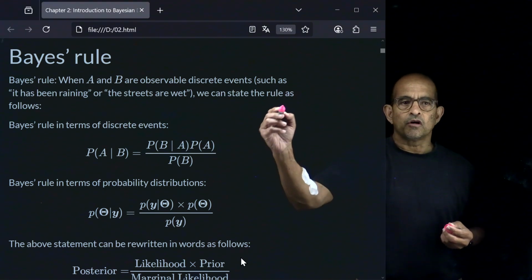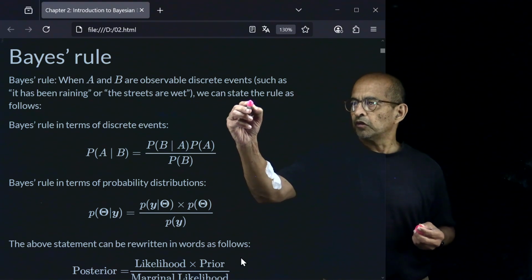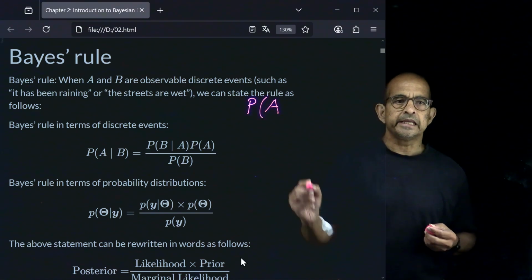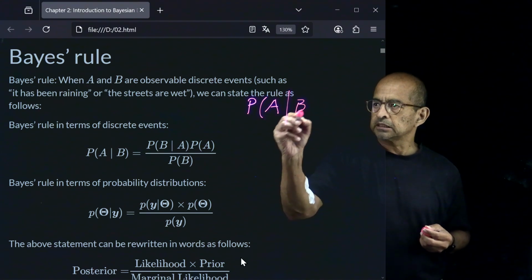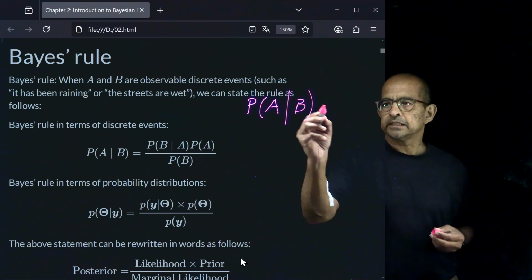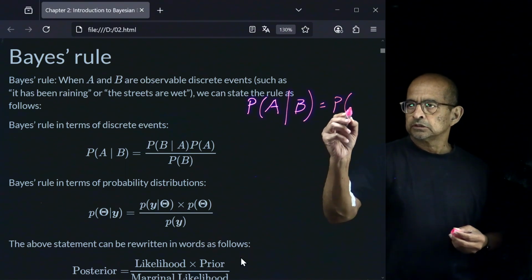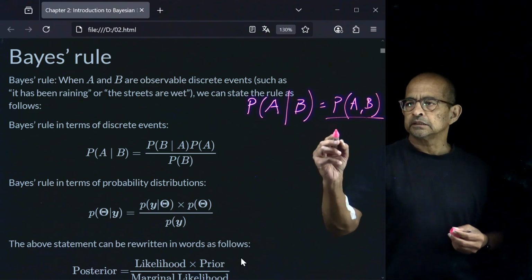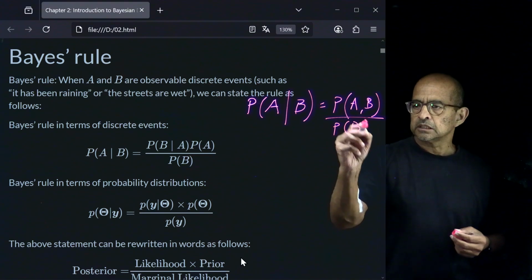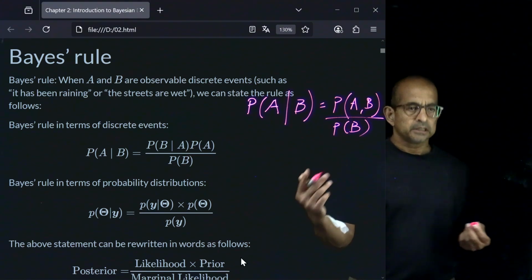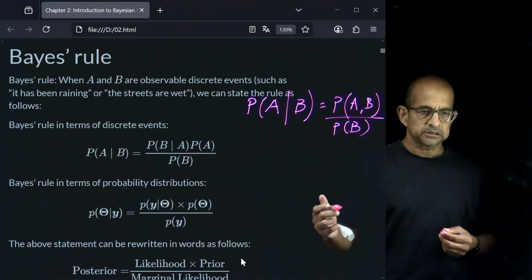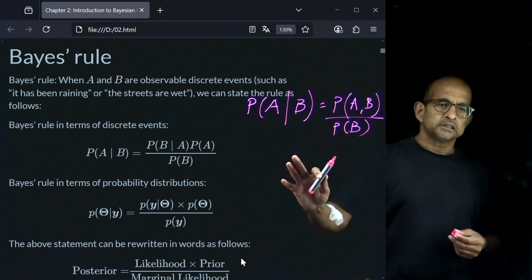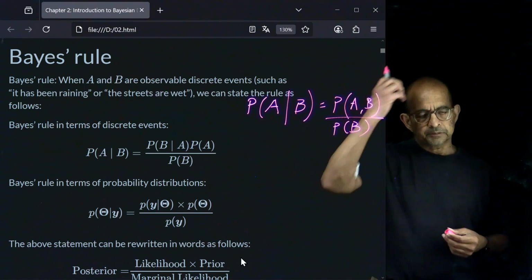The probability of some discrete event A given that some other discrete event B has happened is the joint probability of A and B happening, divided by the probability of B happening, assuming of course that the probability of B is greater than 0, because dividing by 0 is not really a defined operation. So this is the conditional probability rule that we saw in chapter 1.